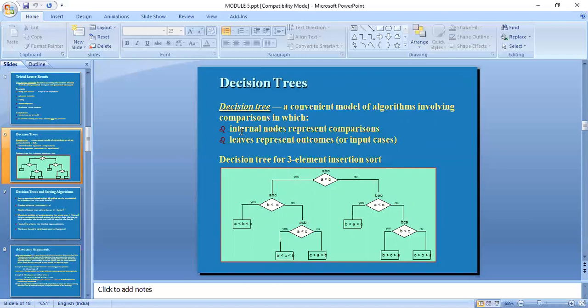In backtracking we use DFS, or depth first search. In branch and bound we use breadth first search. Basically these two techniques are used for coping with the limitations of the algorithm power. We will see how to implement each technique, with a few examples for each one.